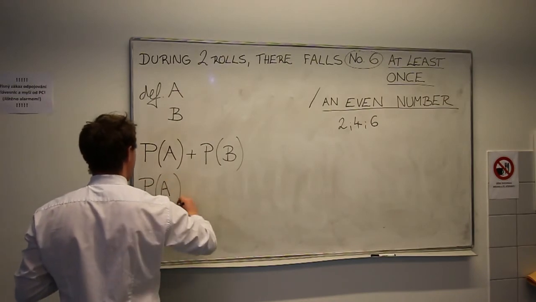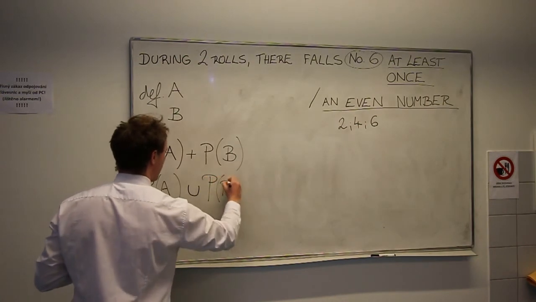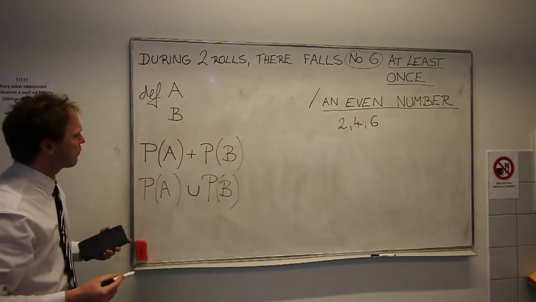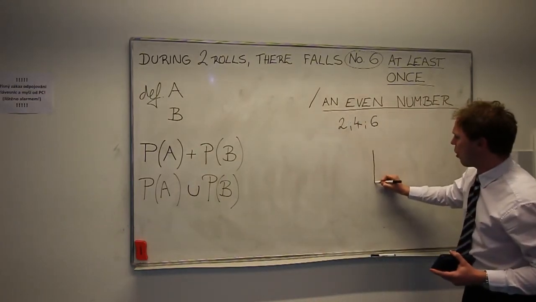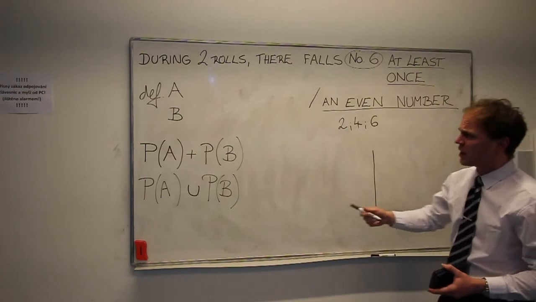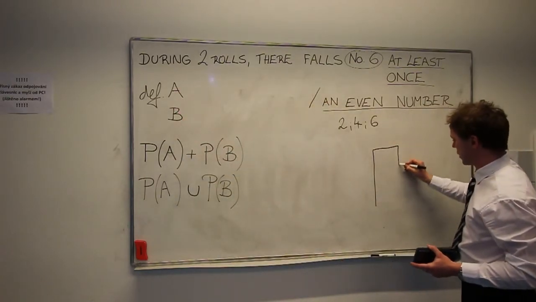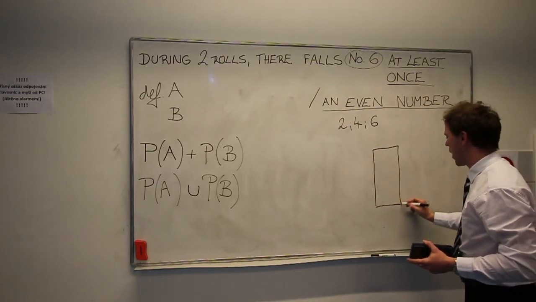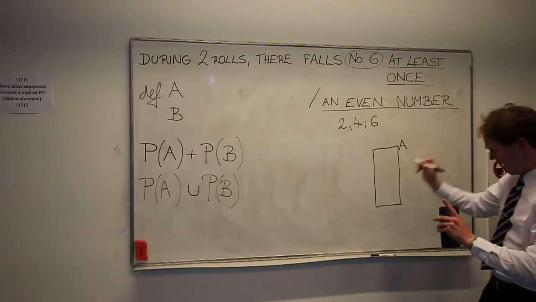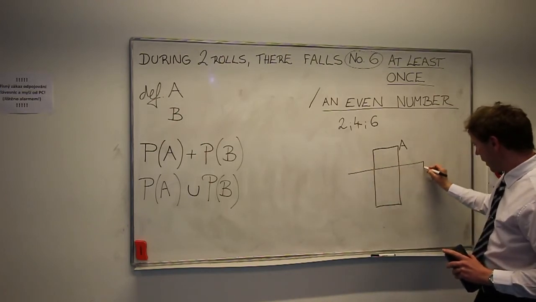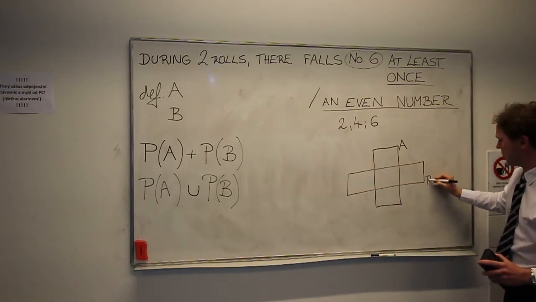Probability of A or probability of B. This is not enough, because if I draw for you the space of these events, event A and event B, I can draw it like this. This is a space of random event A, yes, and this is the space of random event B.